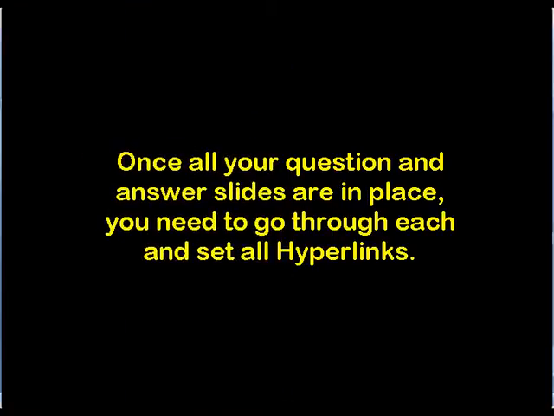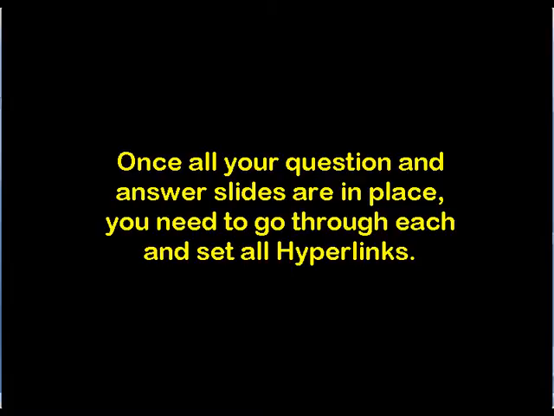Now I'm going to complete one final step before I'm ready to test my quiz, and that is to put in all the hyperlinks necessary on all the pages. If you recall, when we put in this first question, we did put in the hyperlinks so I could demonstrate how that's done. But normally what I really like to do is put in all my questions and then insert all the hyperlinks at the end, so it's just one process after the other.